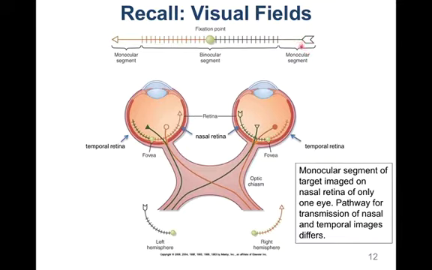And specifically, you will recall that the monocular segment falls on the nasal retina, and information that falls on the nasal retina crosses at the optic chiasm. Okay, key point. Monocular falls on the nasal retina of only one eye and then is projected to the contralateral hemisphere via the optic chiasm. Okay, that's key. If you've got that down, you're good.